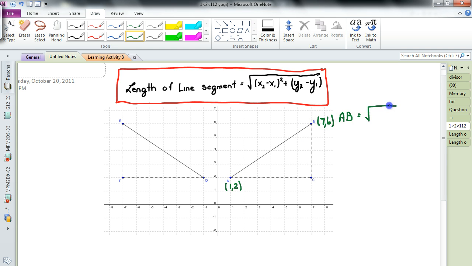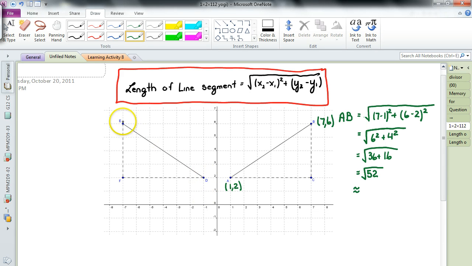So the square root, and I'm going to take 7 minus 1 squared plus 6 minus 2 squared, which is the square root of 6 squared plus 4 squared, which is the square root of 36 plus 16, which is the square root of 52. And if you want, you can get out a calculator and give that approximate value, but be sure to change the equal sign. But in my case, I'm just going to leave it as the square root of 52 because there's no need right now for me to change it.